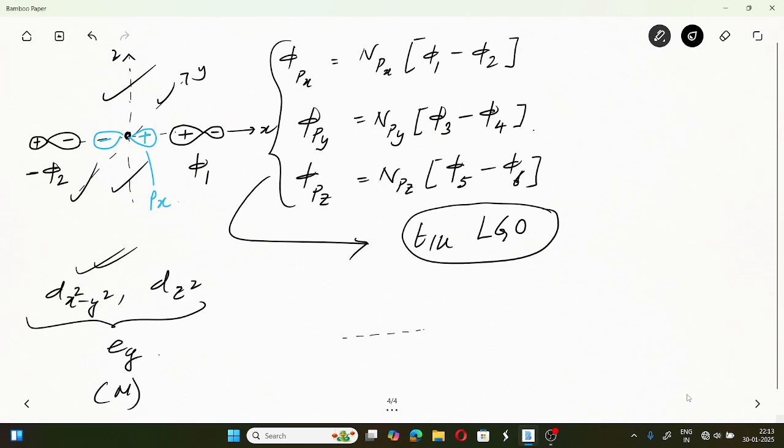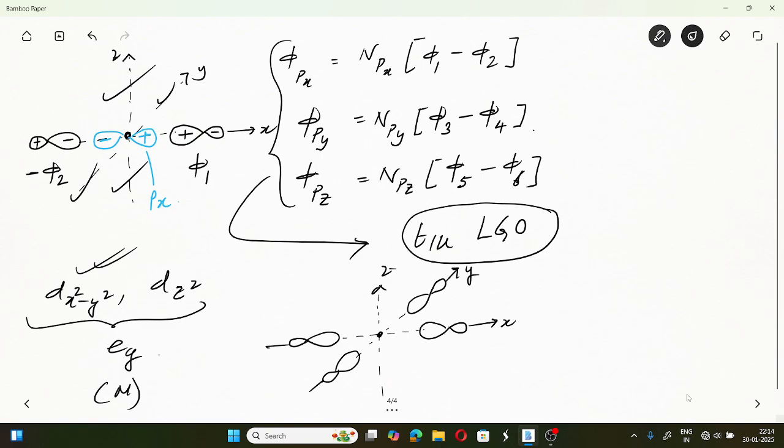See, these are the axes. This is the z axis. This is the x axis. So these are the orbitals which are involved in bond formation along the x and y axis. This is the x, this is the y axis. This is the position of the metal.